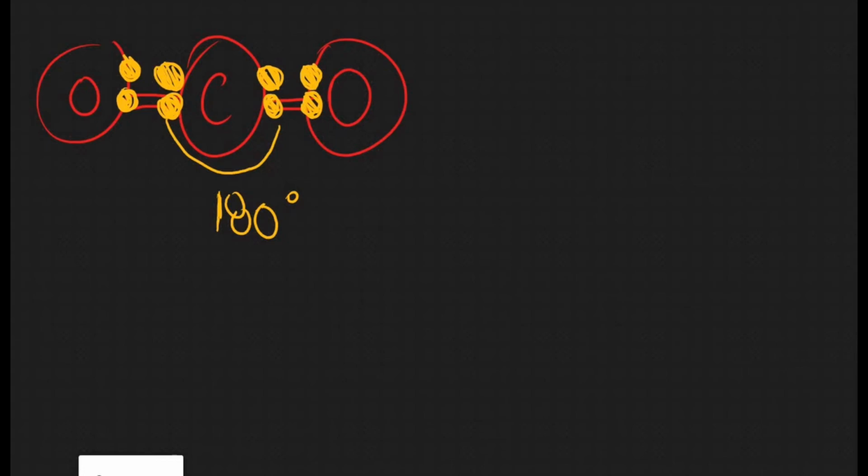And the goal of this is to actually have these atoms be as far away from each other as possible, having the maximum repulsion, so as to not interfere with each other. So you want to think about us having one circle here, and you attach another circle to this side, and you want to decide where would be the most appropriate place to put another circle in order to get it as far away from this one as possible, and that would be on the opposite side. So that's how we got that linear structure.